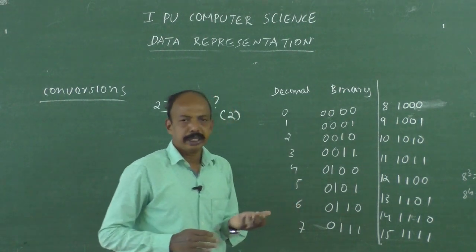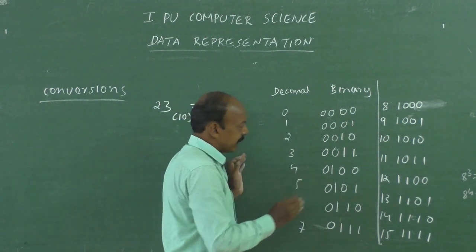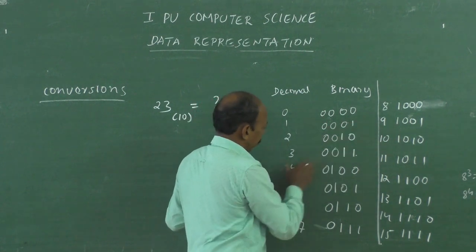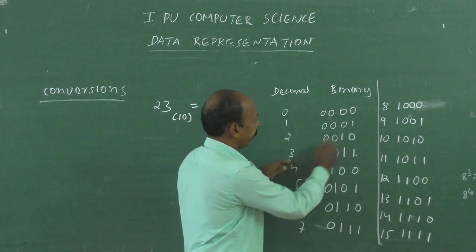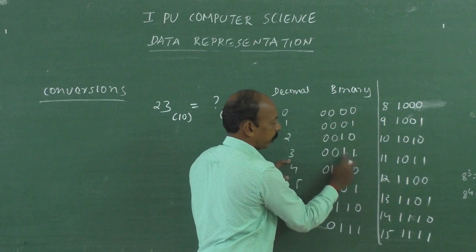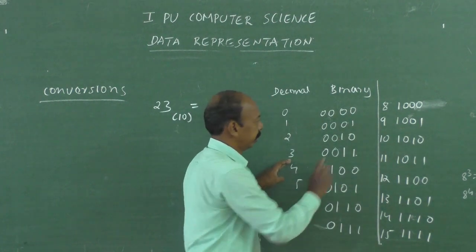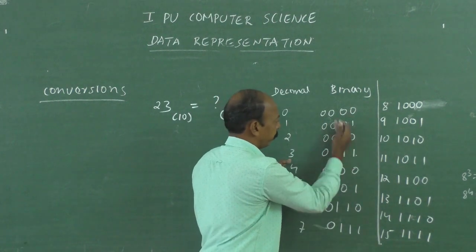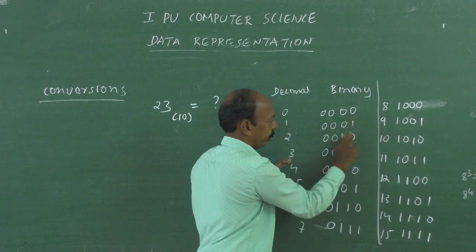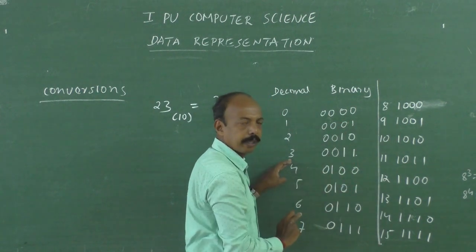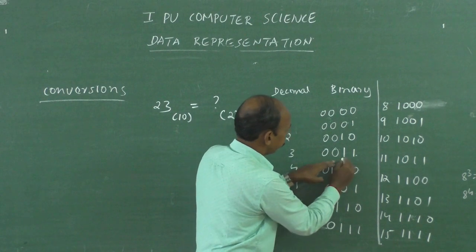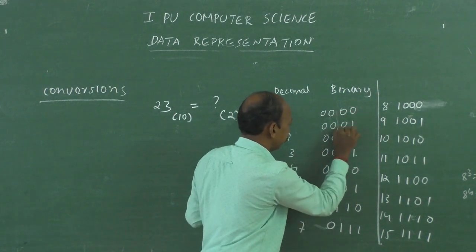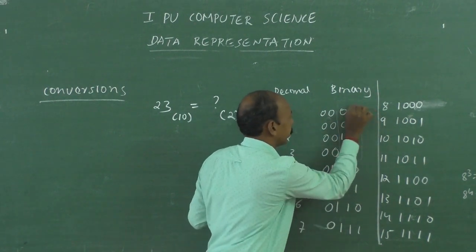We may get confused here, but see, it's easy. Up to 3, we can write 00, 01, 10, 11, right? Forget about other things: 00, 01, 10, 11. Then just have a look here.